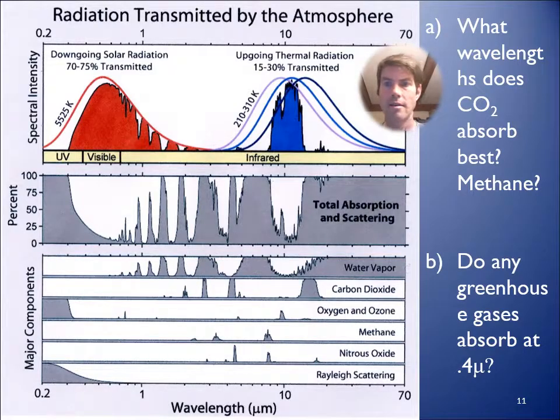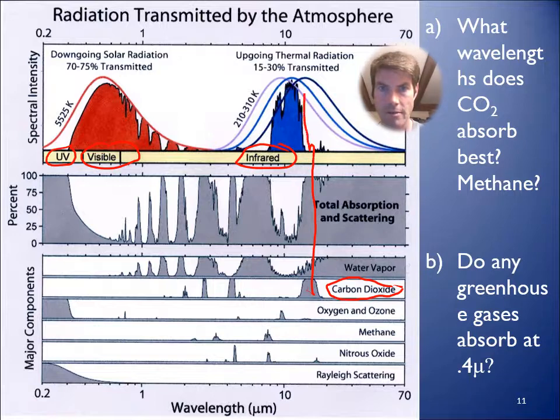And then here we have UV light, visible light, that's what we're seeing. Infrared, that's what you can't see, but a camera can get that. So what wavelength does CO2 absorb best? So we look at carbon dioxide, look right here. This is the wavelength right here. So 10, this would be 100.